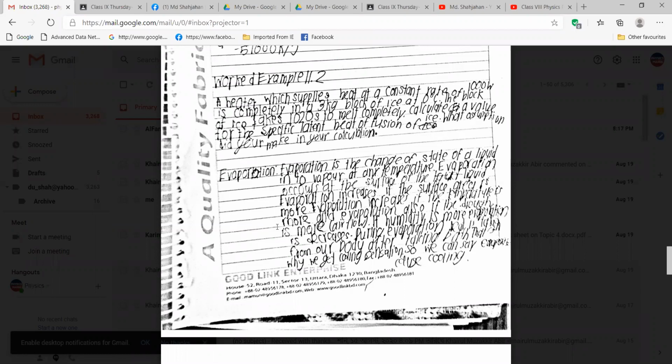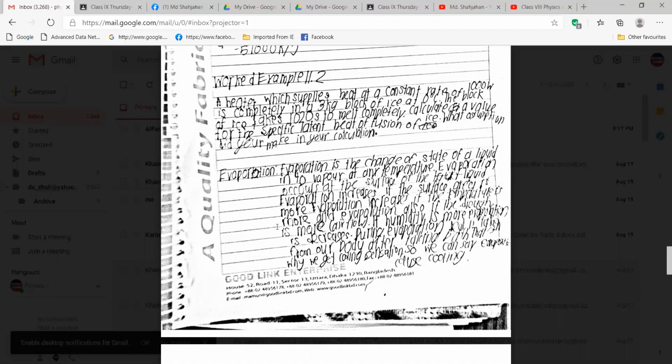Evaporation increases if the temperature is more, and evaporation also increases if there is more draft. Draft means airflow. You wrote in brackets, draft is airflow. Then you wrote if humidity is more, evaporation will decrease, right?